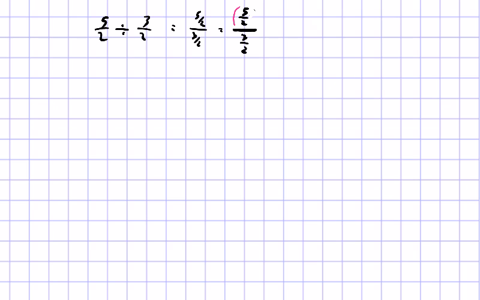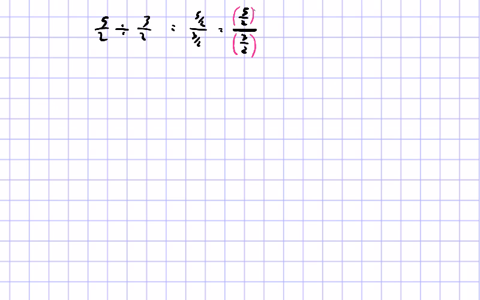We have the fraction 5/2 in the numerator of the larger fraction, and the fraction 3/2 in the denominator of the larger fraction, the outermost fraction, I should say.